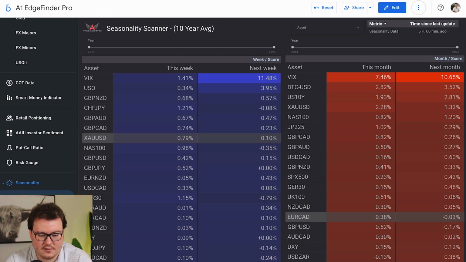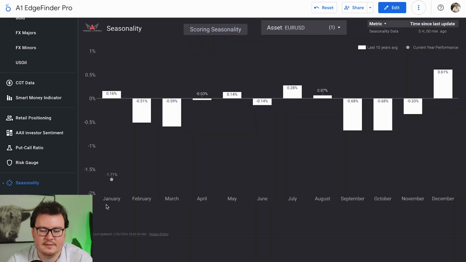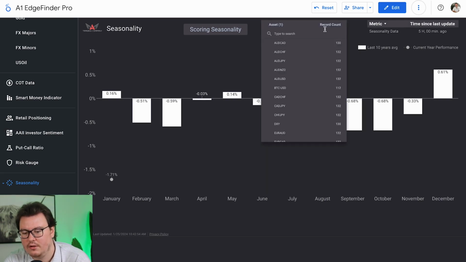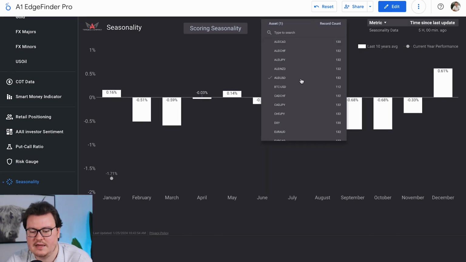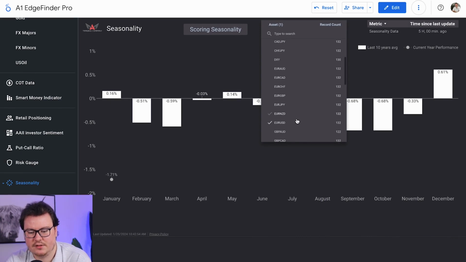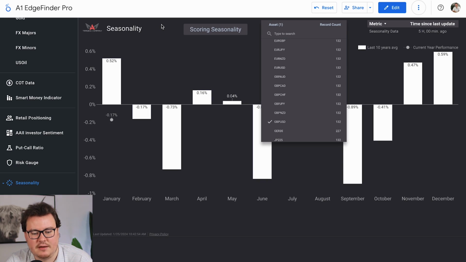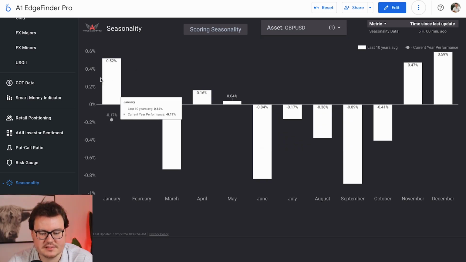But if we break it down monthly, then we can actually look at each month, all 12 months, for any asset that we're tracking in the Edge Finder. And we were already using pound dollar as an example, so I'll just stick with pound dollar here. And we can see that right now, the current year performance is actually down just slightly, down 0.17%.